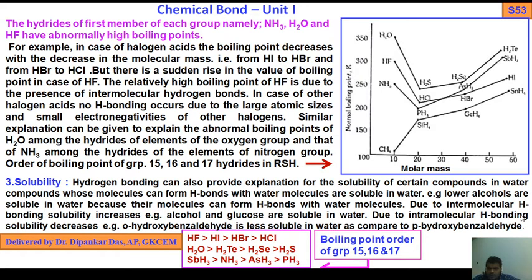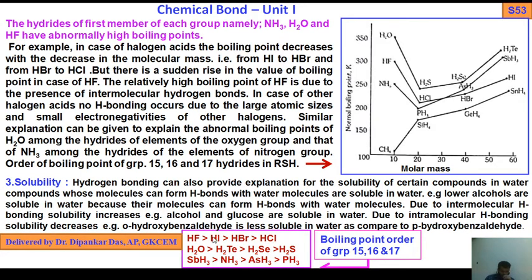So due to intermolecular hydrogen bonding, solubility increases, as in alcohol and glucose. Due to intramolecular hydrogen bonding, solubility decreases. For example, ortho-hydroxybenzaldehyde is less soluble in water compared to para-hydroxybenzaldehyde.